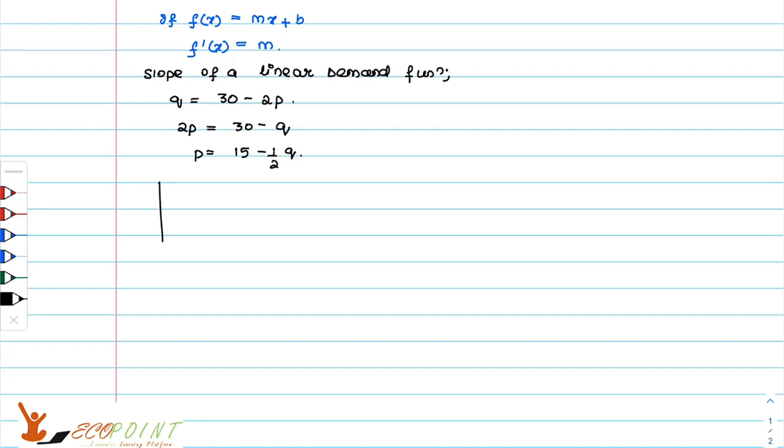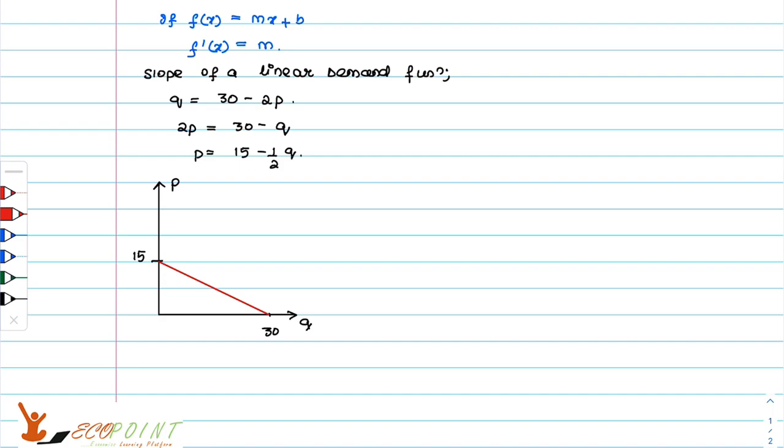Now, if I just want to draw this, this is a linear function. If Q is 0, P is 15. And if P is 0, Q is 30. You can find out the slope of this line.